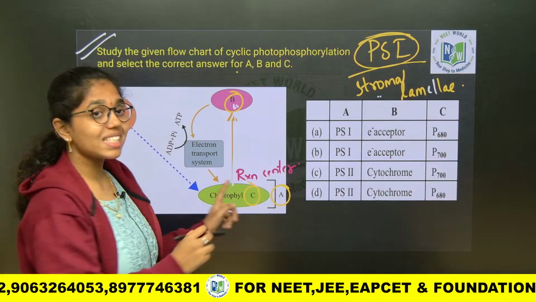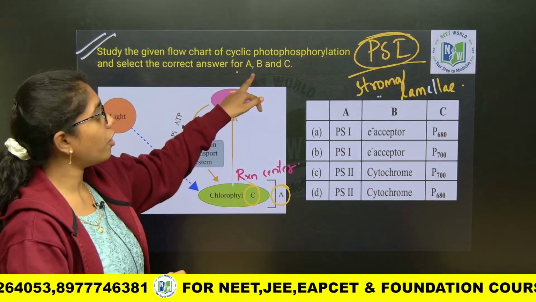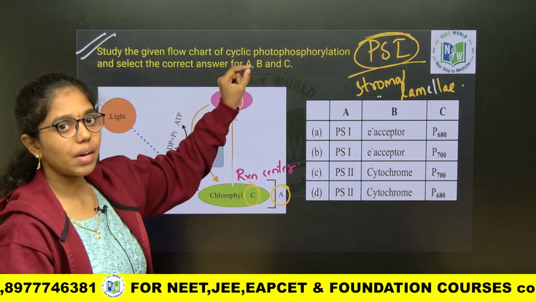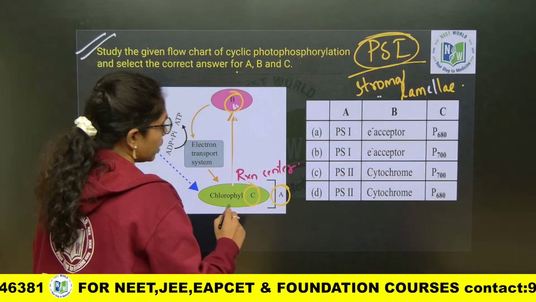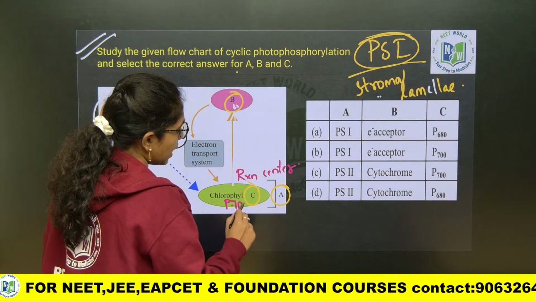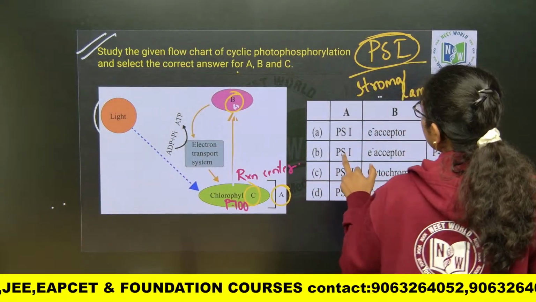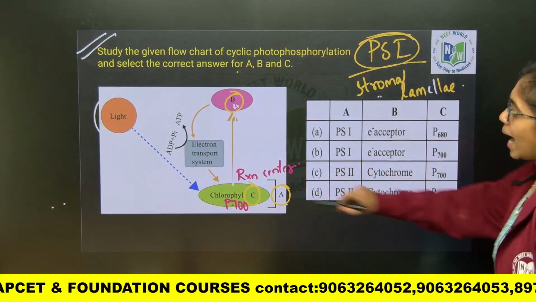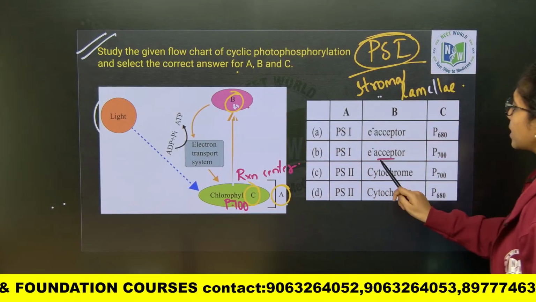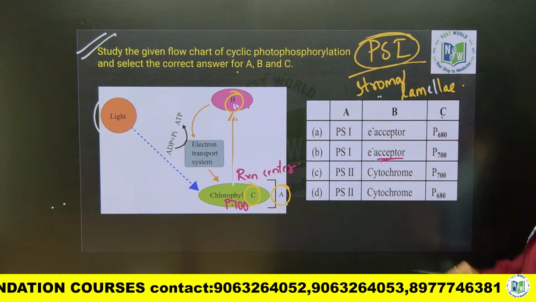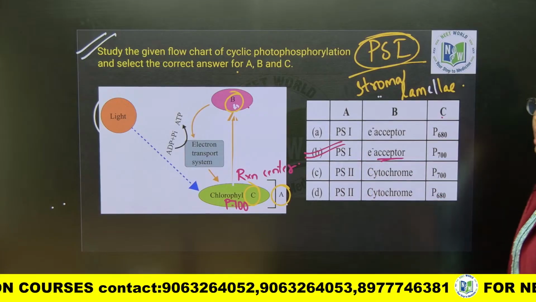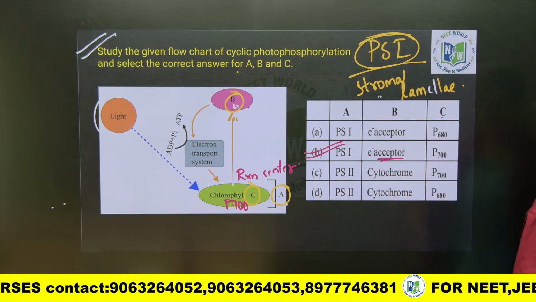What is the maximum absorption of photosystem 1? P700 nanometers, right. So this reaction center is P700. So A is PS1, B is the electron acceptor, C is P700. Here the option is B. Clear? Next question you see.